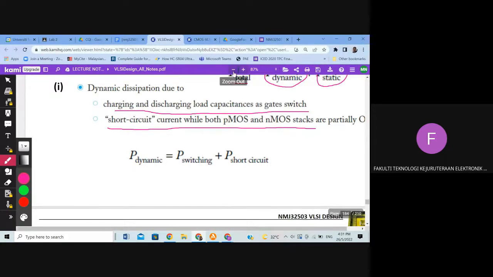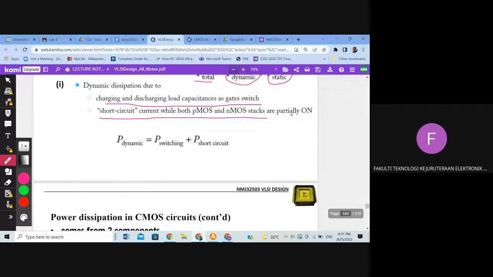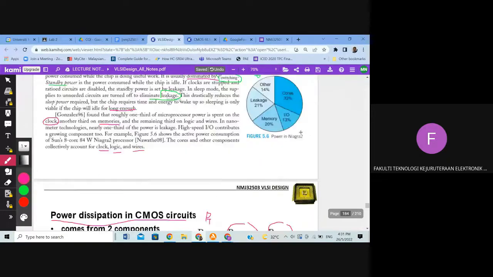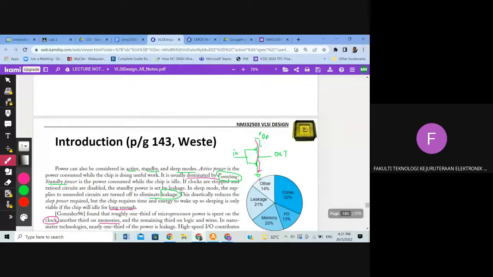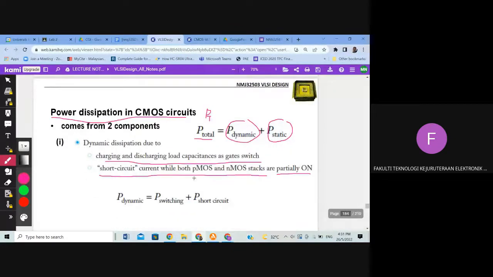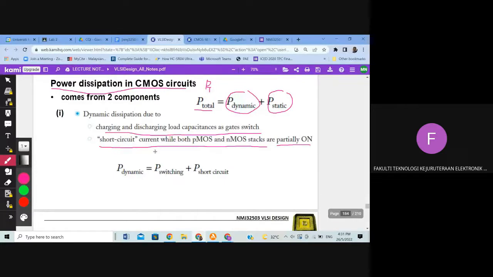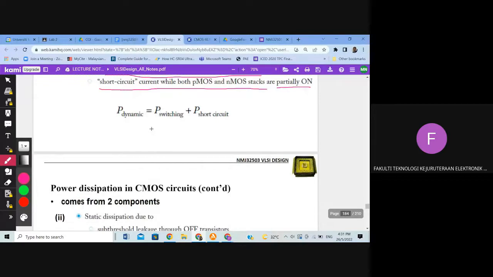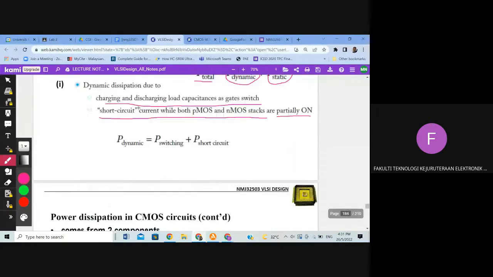Maybe I can zoom in. You can see they are partially on. So during the transition of the switching, both are partially on. When partially on, current flows from VDD to the ground, and this is what we call the short circuit current. That gives the dynamic element of the power, which comprises P switching and P short circuit.